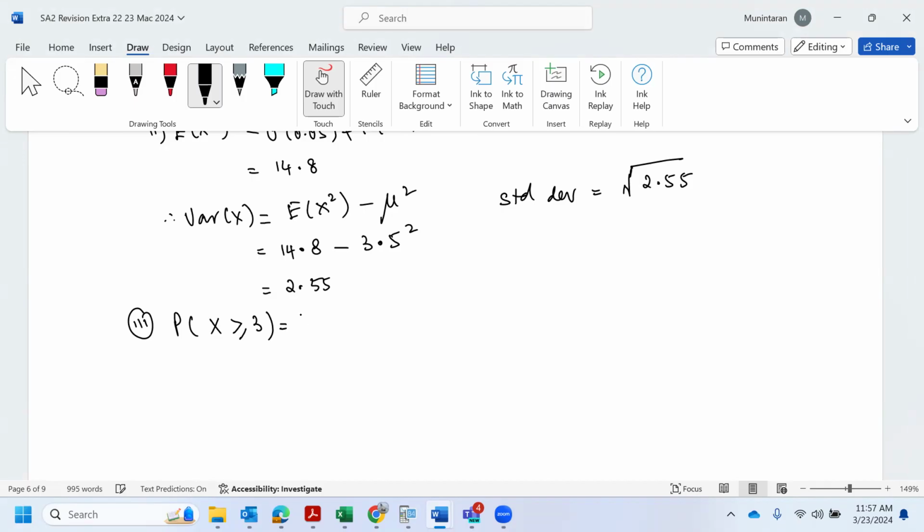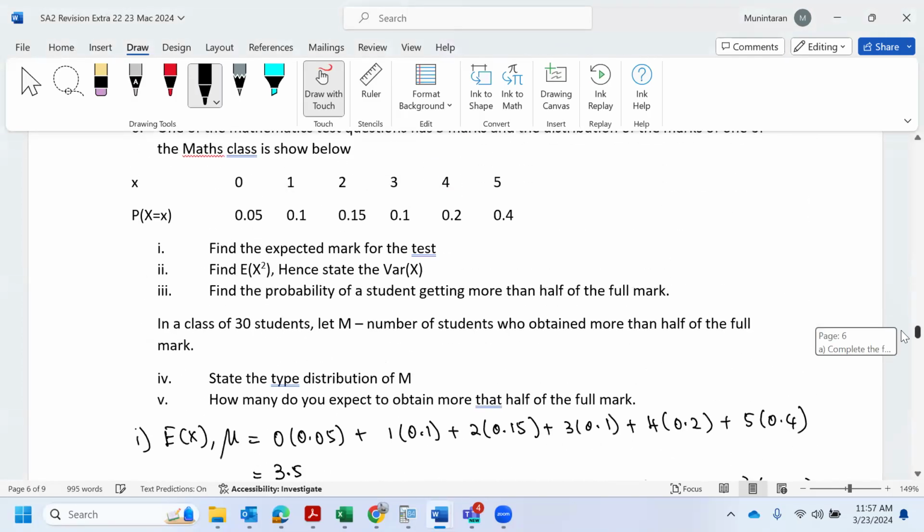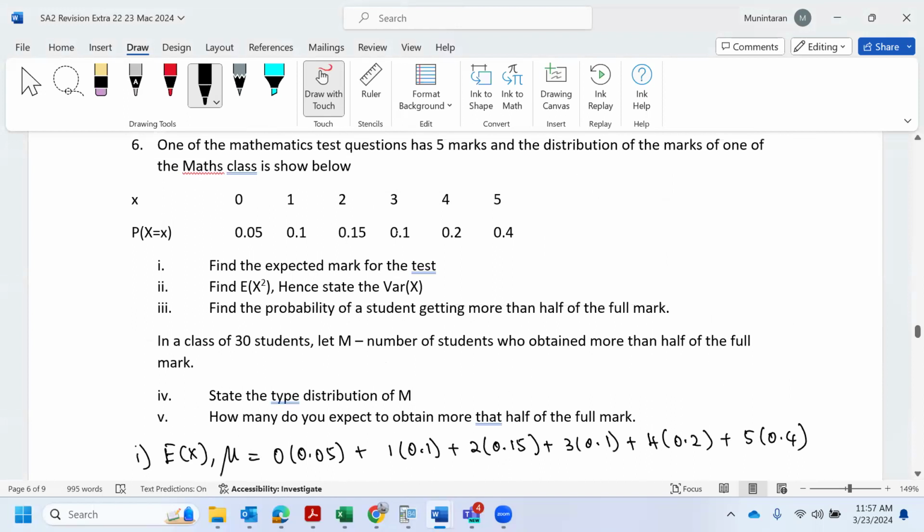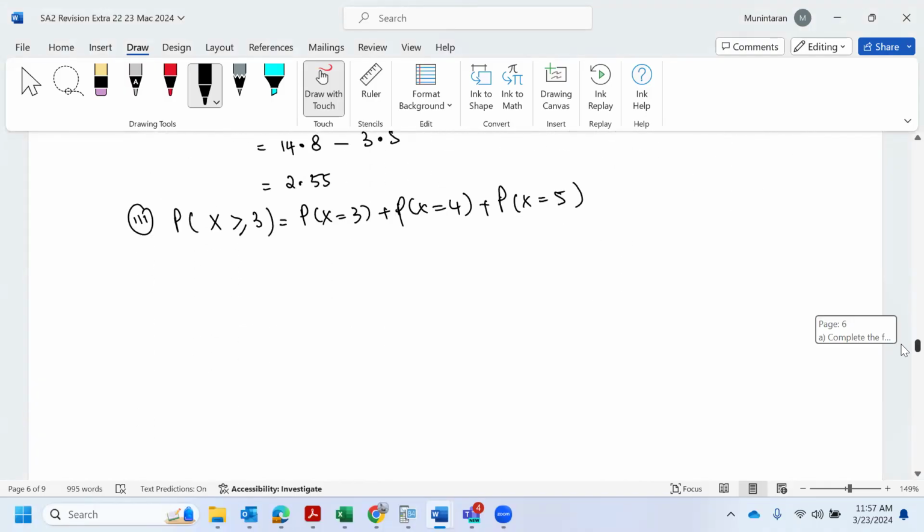So you will take the probability X equals 3 plus the probability X equals 4 plus the probability X equals 5. Look at the table, add up those values: 0.1, 0.2, 0.4. That gives you 0.7 as your answer.